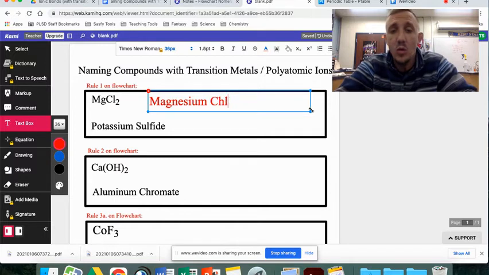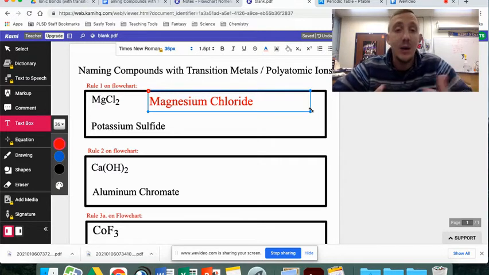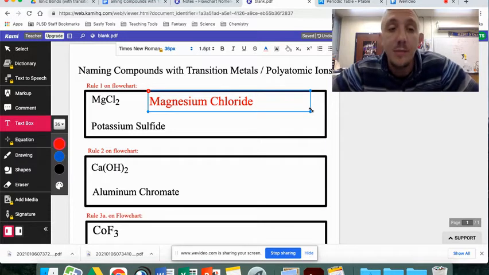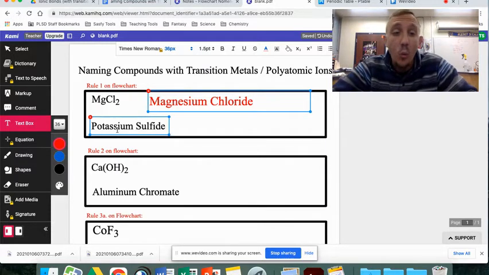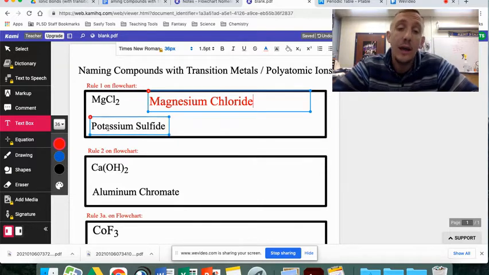And then normally you guys would want to put chlorine, but the rule states change the N to "ide." So it's magnesium chloride. Okay, so for rule 1, you're just naming the metal, and then you're changing the ending of the nonmetal.